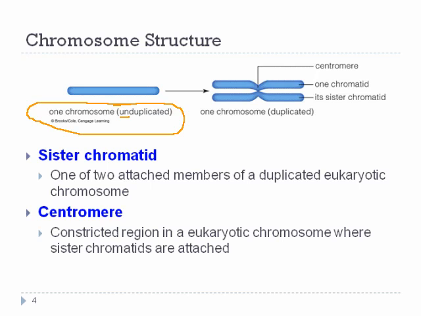Then right before the cell divides, right before the cell undergoes mitosis, that chromosome duplicates itself. The duplicated part is sometimes called a sister chromatid, and they are attached together at an area called the centromere.